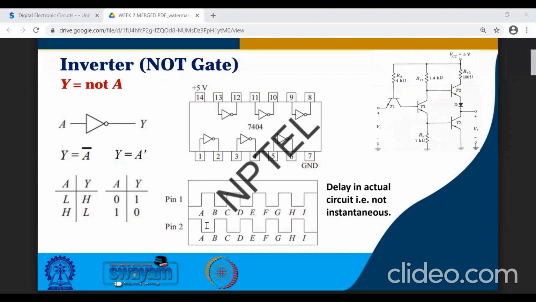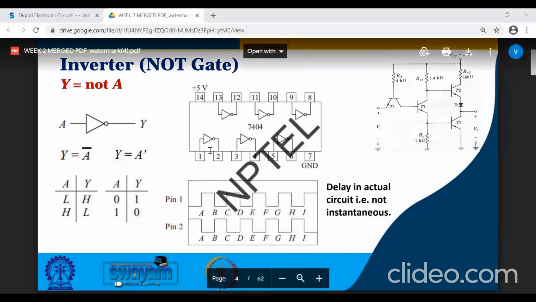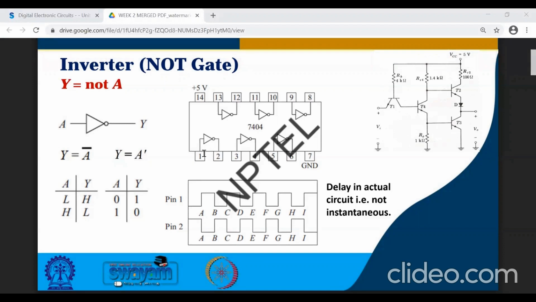Below this, we can see the timing diagram. If we consider the first NOT gate, which has input at pin number 1 and produces output at pin number 2, when the signal at pin number 1 is at logic level low, the output produced at pin number 2 is at logic level high.